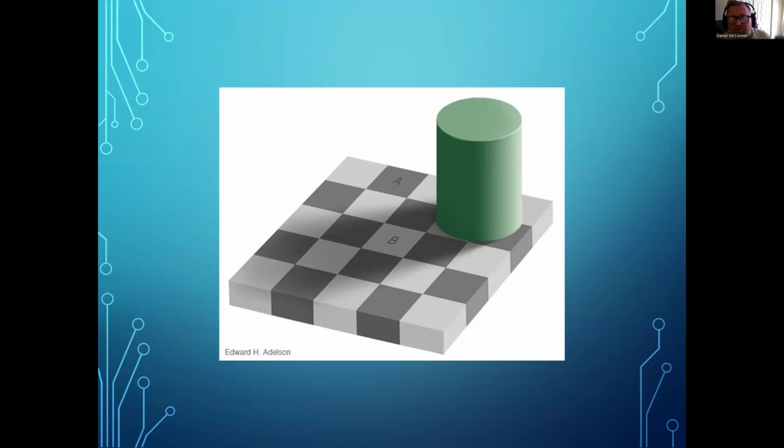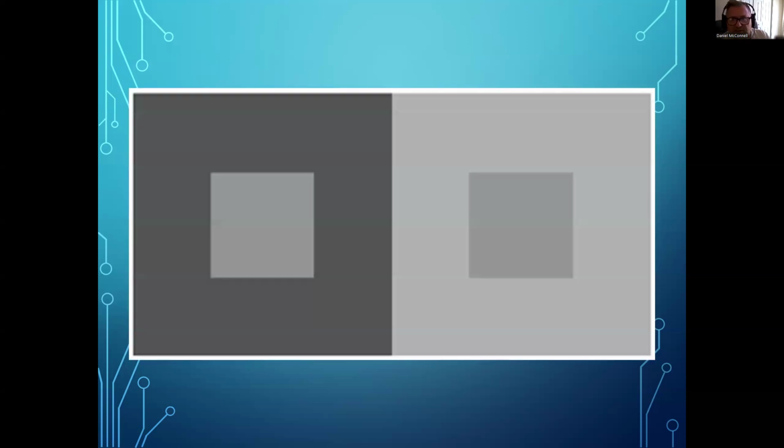Of course, it's also worth pointing out that maybe what our eyes are doing here is making ratio comparisons between the neighboring squares. In that regard, let's look at this. We have these two central squares. On the left, I've got a small gray square surrounded by a darker square. And on the right, I have a small gray square surrounded now by a lighter gray square.